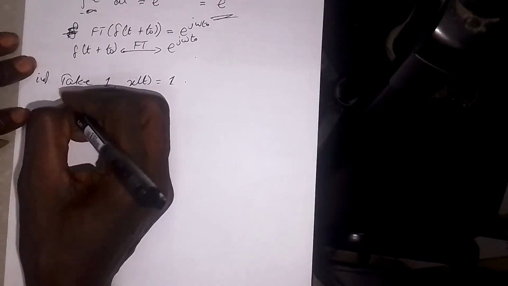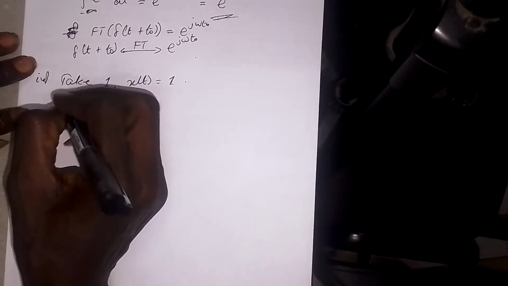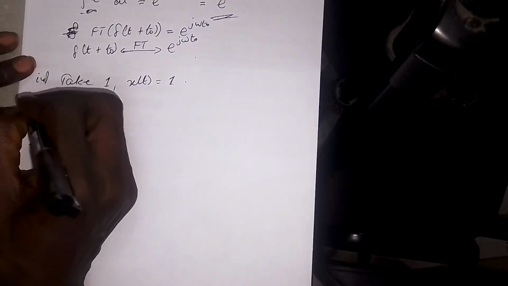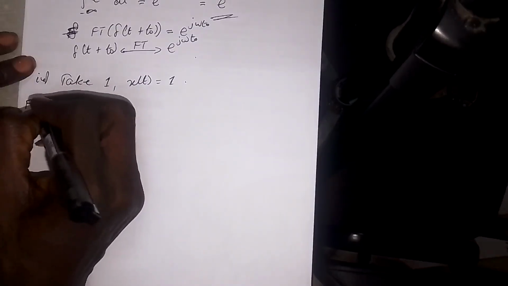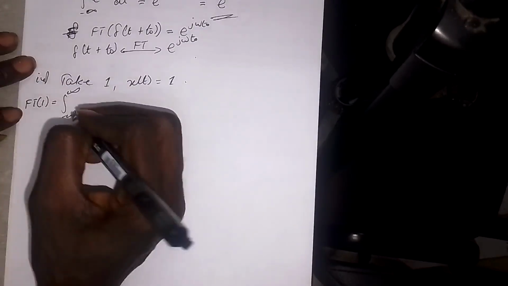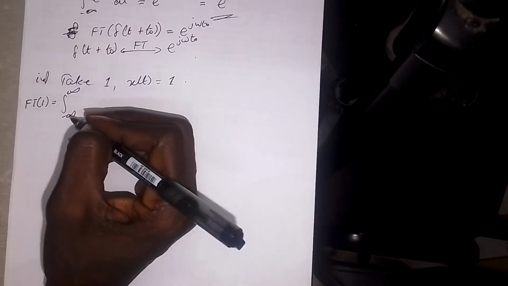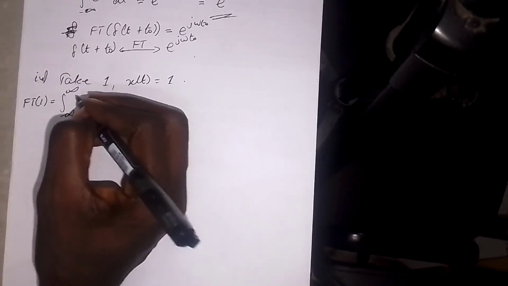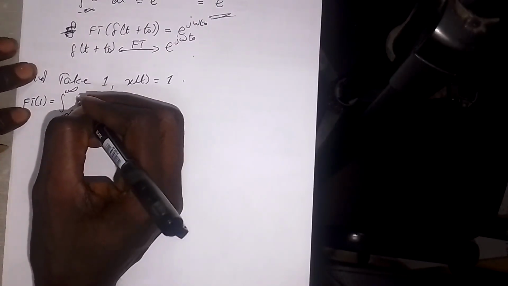So now from here, what we can say is that the Fourier transform of this one is equal to the integral from minus infinity to infinity of x of t times e to the power of minus j omega t dt.